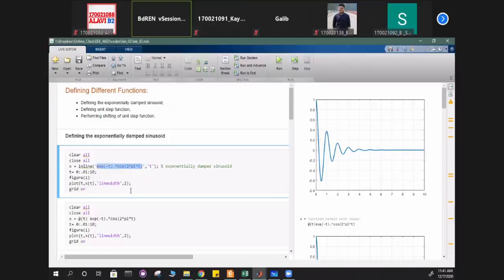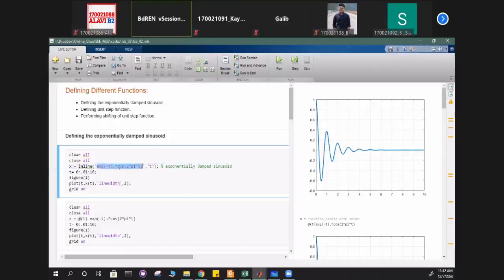Can you see the equation? Yes, sir. This is the same equation we were trying to declare, exponential minus t and cos 2πt. The inline function will be removed in a future release of MATLAB, so they recommend the anonymous function. This is the same function that we are trying to display.